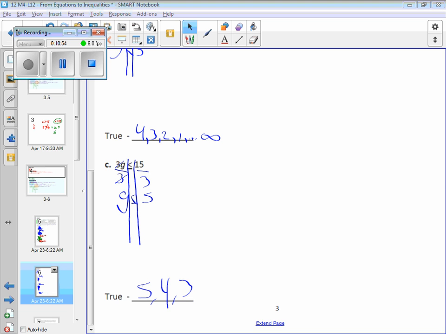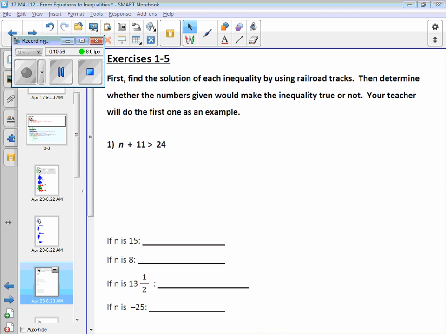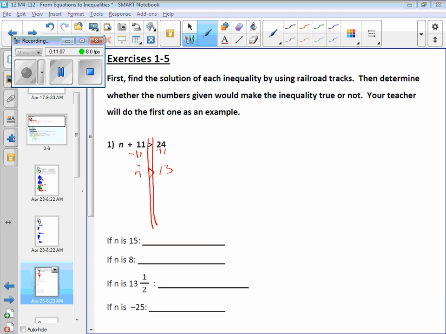Okay, next example. Building on what we did in the previous examples, solve for n. Right now, solve for n like you would normally do. All right, how do you read that out loud? n greater than 13. Okay, n is greater than 13. Can it be equal to 13?